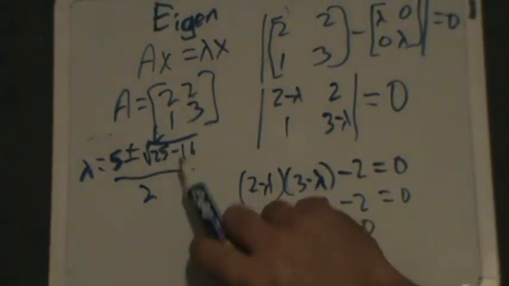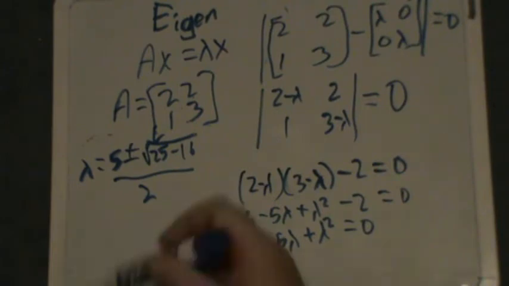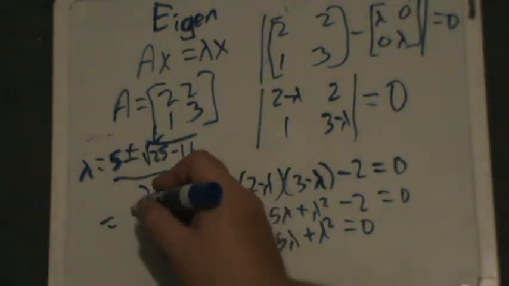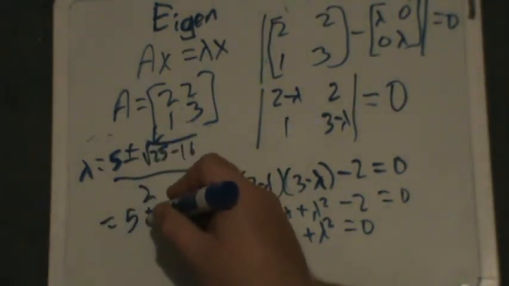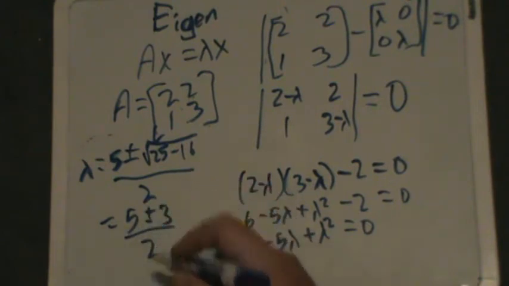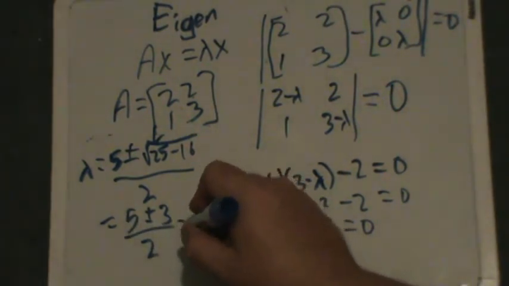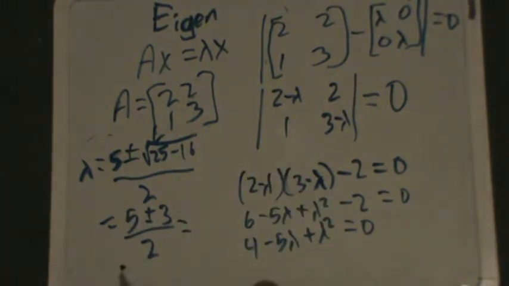So 25 minus 16 is 9, square root is 3, almost like I pre-thought about this. Oh wait, I did. I fully admit I picked my numbers to make my life easy. Not only that, I even picked it so that I would get an even number up top so it divided nicely, because that makes my life easier.